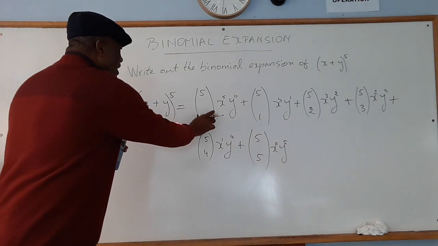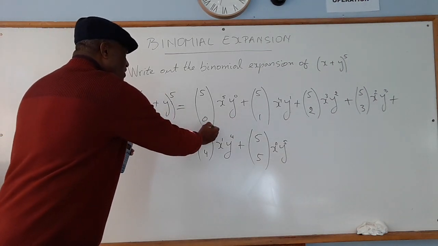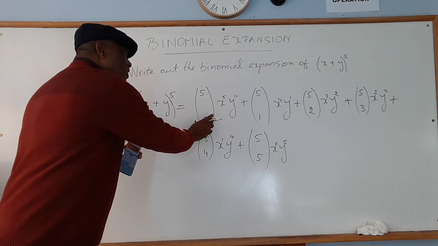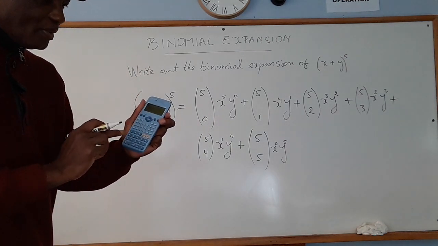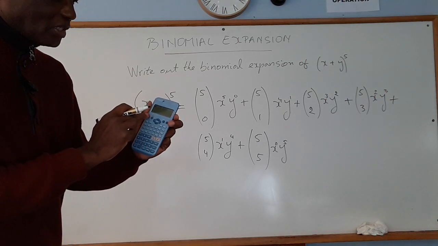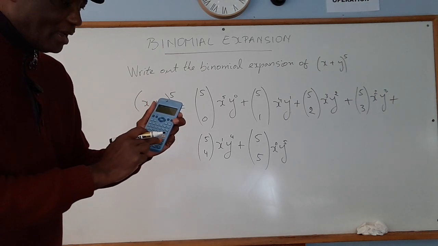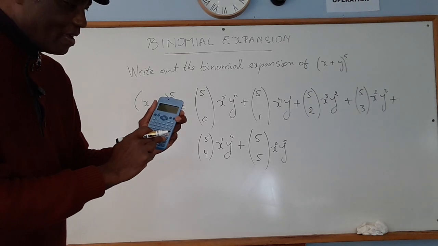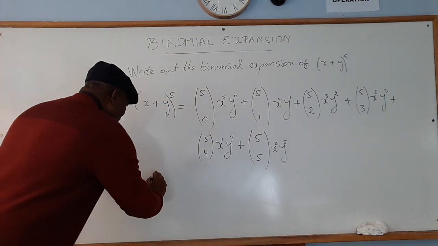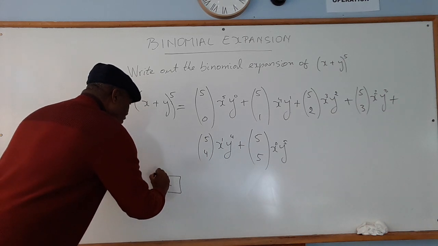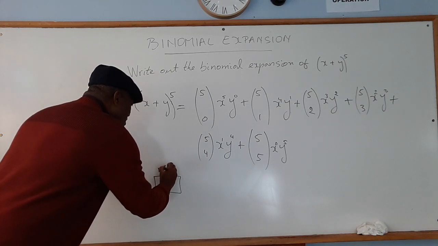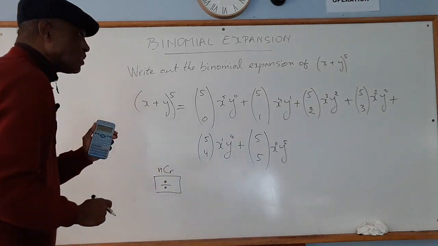So for the value of my first term, I get the value of the bracket. I press 5, and then I press shift, and then I go to the button where we see the division, and on the top there is nCr. It is what we need.